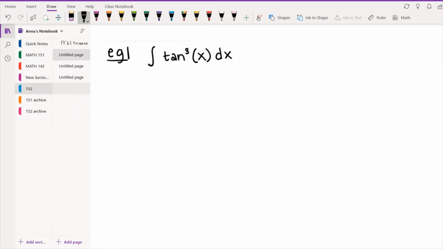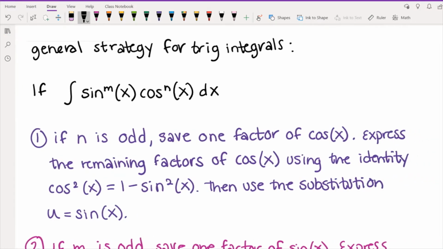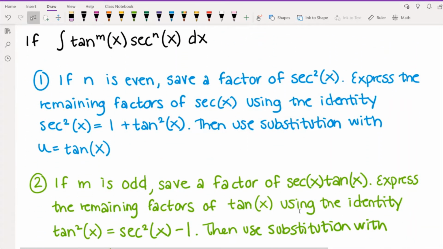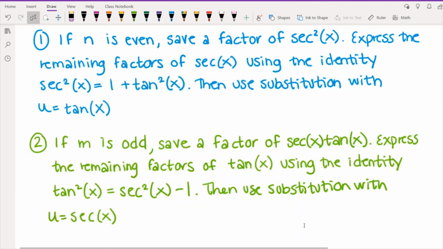Let's look at our strategies for tangent and secant and see why we can't use those here. This does tell us that if we have an odd power of tangent, we should have a method. But the problem is that when m is odd, you're supposed to save a factor of secant times tangent.